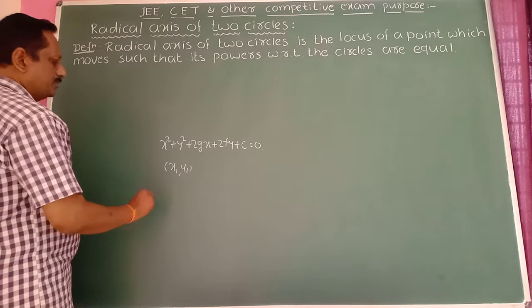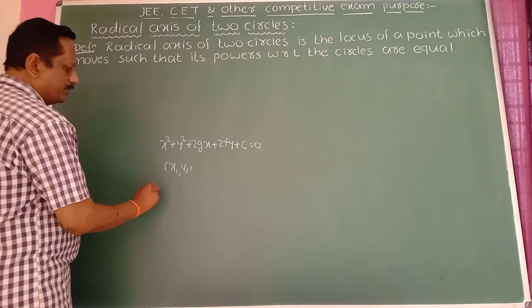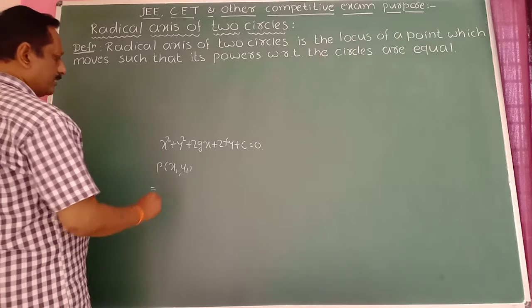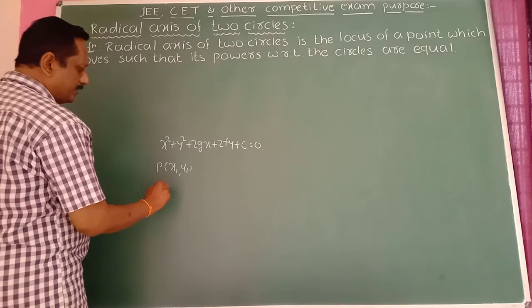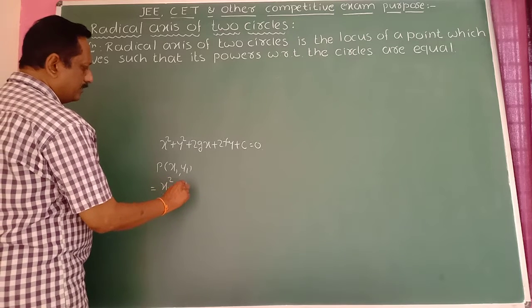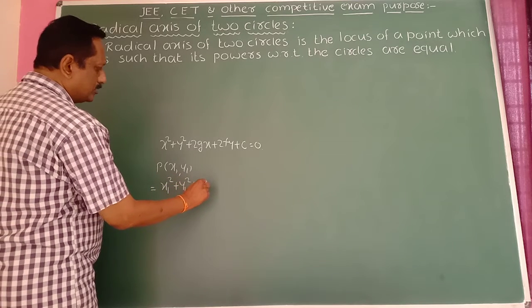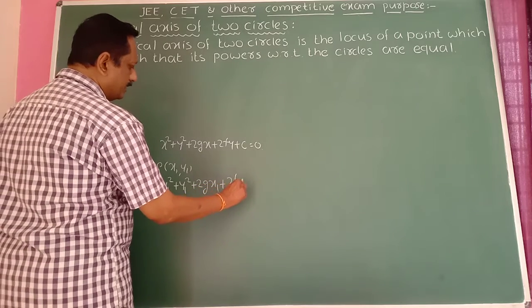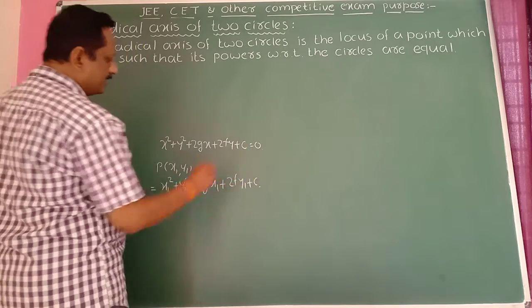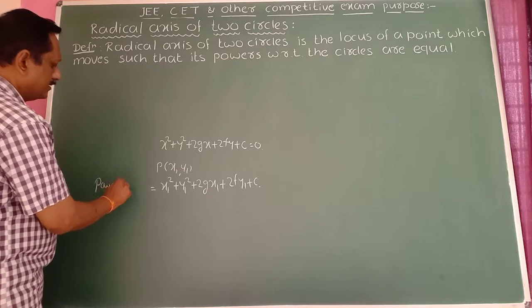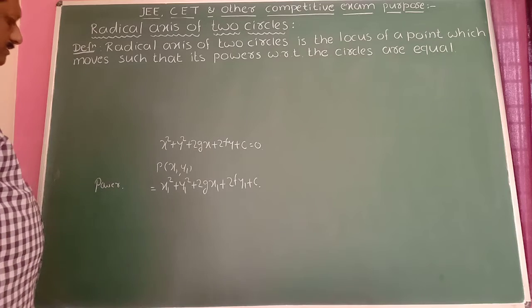Then the power of the point with respect to the circle is given by just replacing x by x1 and y by y1. So we get x1 square plus y1 square plus 2g into x1 plus 2f into y1 plus c. This is the power of the point P with respect to the given circle.